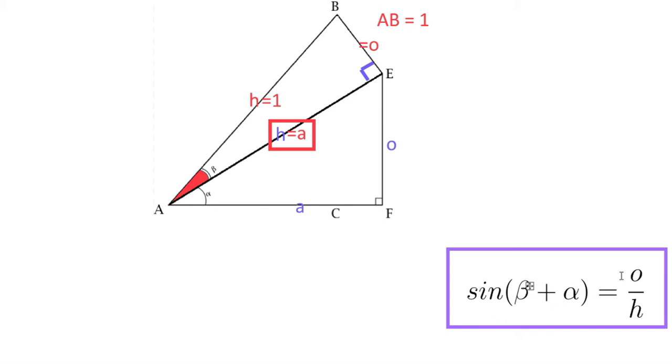So this beta plus alpha is just one angle. And what angle is it? Well, for this to be the case, it is the angle of beta plus alpha. So it is all of this. And then if that is the angle beta plus alpha there, that is the beta plus the alpha, and therefore it's this whole angle in there.